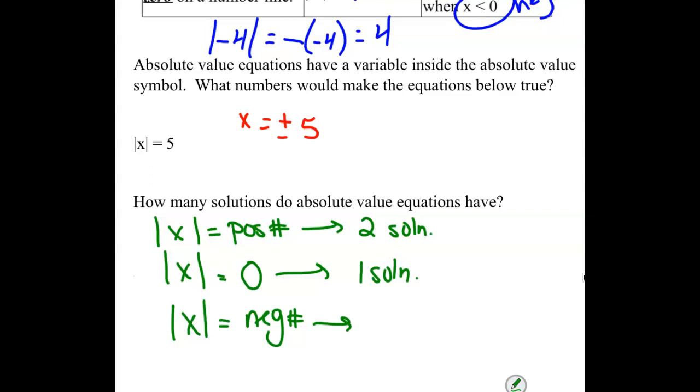We just said the absolute value is always going to come out as a positive value. So this one gives me no solutions. So I can actually solve an absolute value equation and have 0, 1, or 2 possible solutions. It depends on what this value is, what it's set equal to. Okay? Questions on any of that?